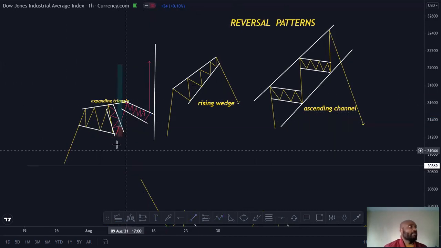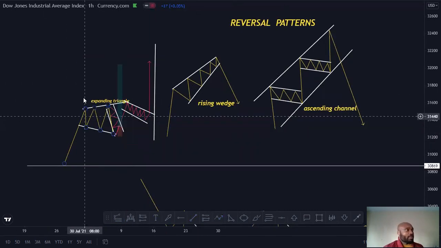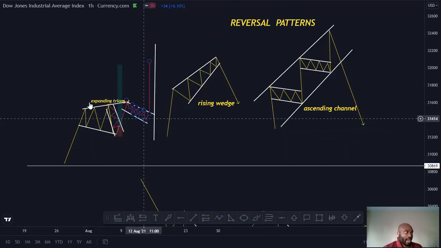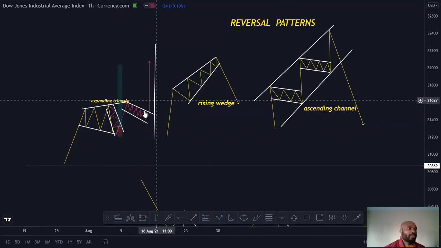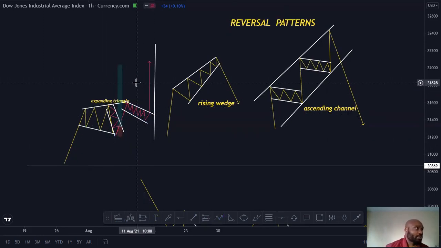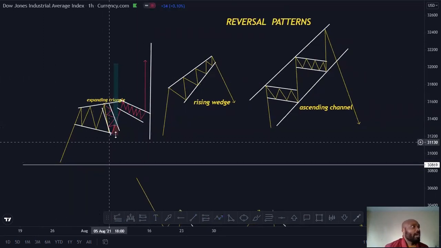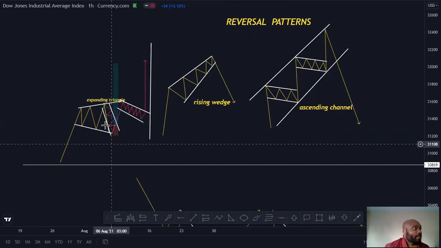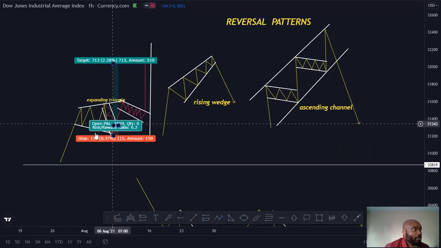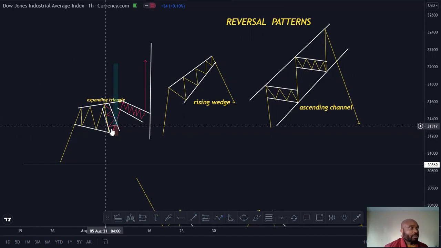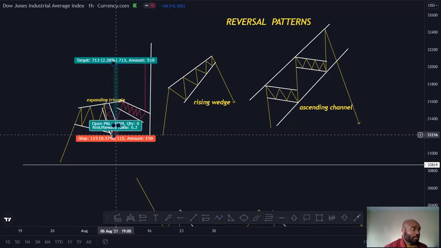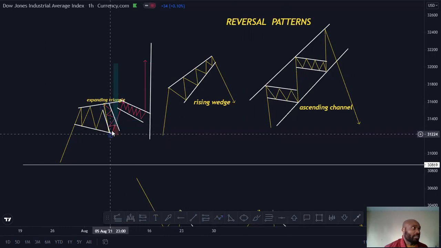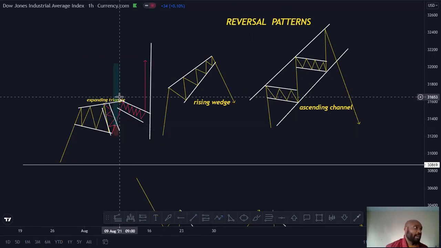Okay, guys. So that means if you were looking at an expanding triangle and you didn't know how to get an entry on it, these are the things you're going to be looking for. You'll be looking for your first entry, which you are going to get either based on the double bottom that is formed or the falling wedge that is forming in that expanding triangle, and then you get your entry to the upside.